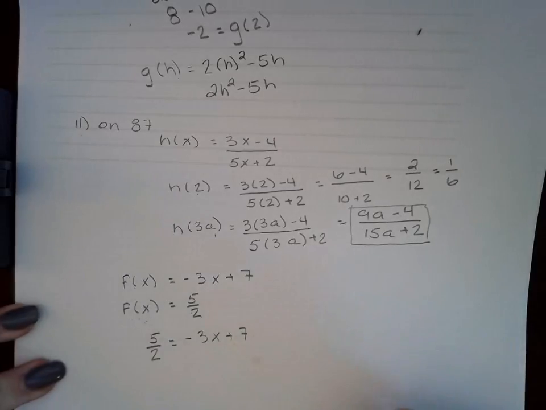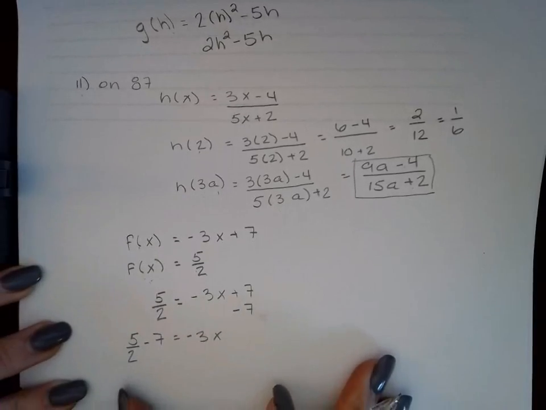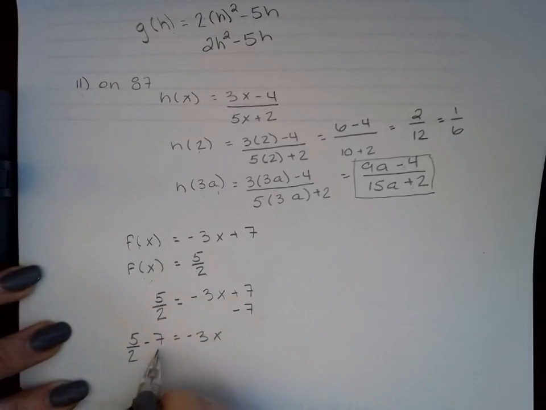We're trying to get x by itself, so we're going to subtract 7 from both sides. Notice that here we're working with fractions, so we need to make common denominators.